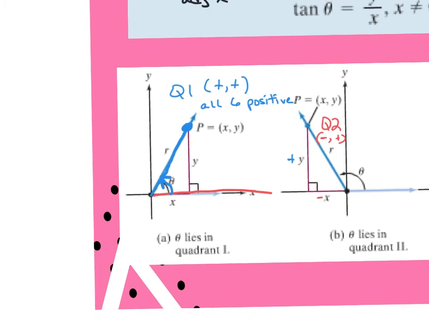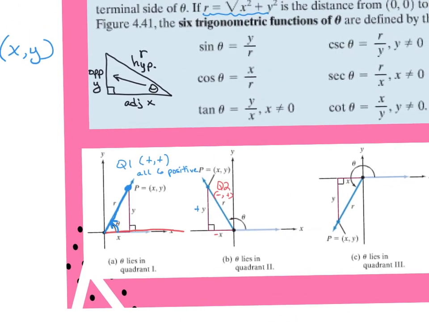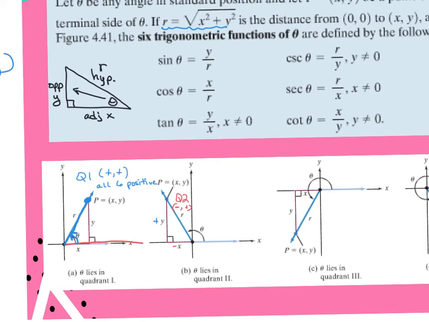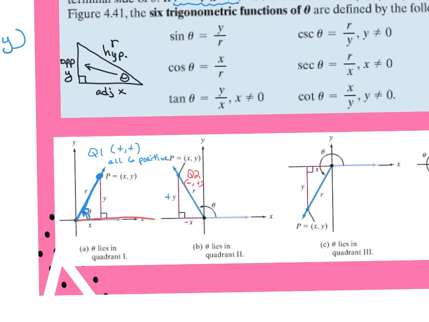So any one of these ratios up here that have an x in them, they're going to be negative. So bottom line, out of the 6 that we see up there, the 2 that are going to be positive in quadrant 2, they're going to be the sine and its reciprocal, which is cosecant.